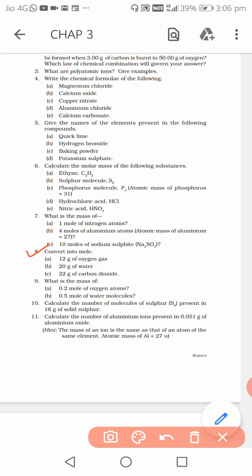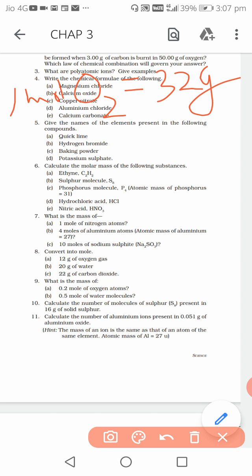Next one, convert into moles: 12 gram of oxygen gas. Remember, oxygen gas means it is O2 molecule. So we know if it is O2, its mass is 2 into 16, that means 32 for 1 mole of O2. 1 mole of O2 equals 32 gram. So 12 gram will be how many moles?